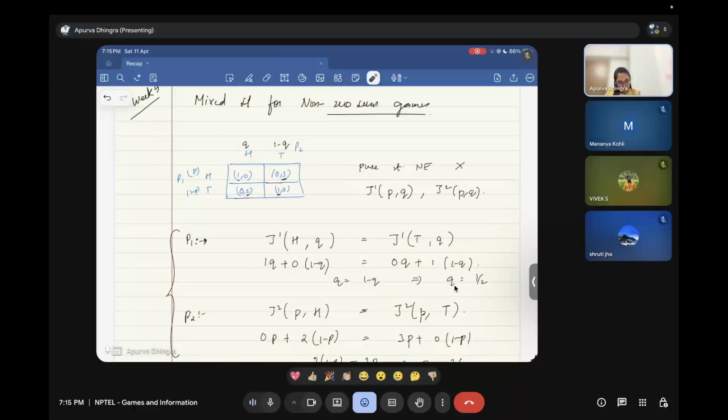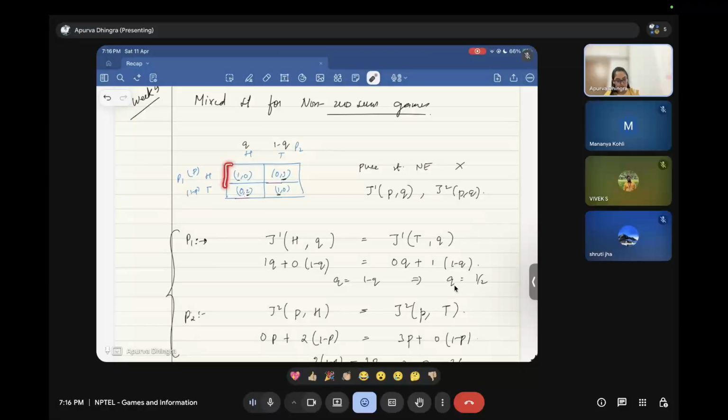So for example, you fix a row, so you fix this object, so you're doing it for player 1.